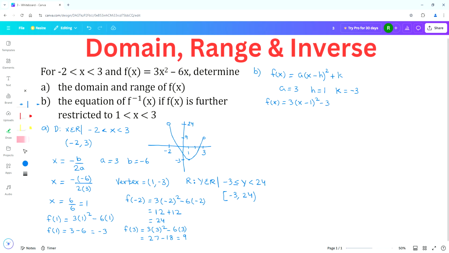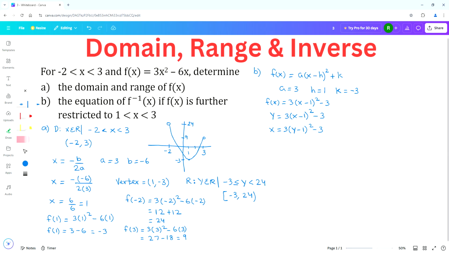Now we can start finding the inverse. We should replace function notation with y. Next, we should switch x and y. Now we have to solve for new y.